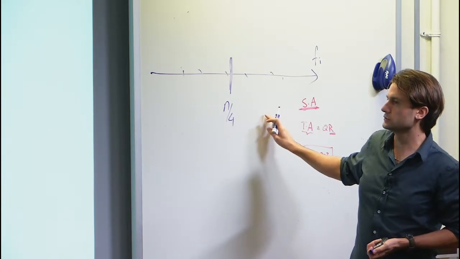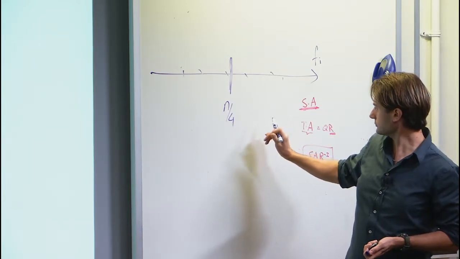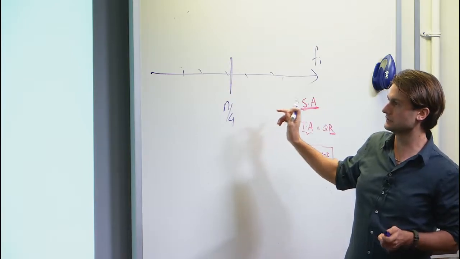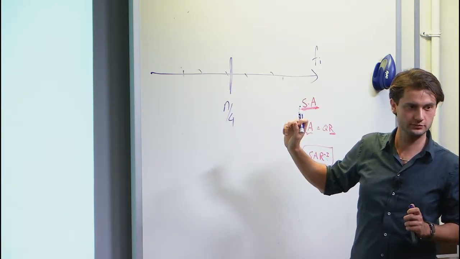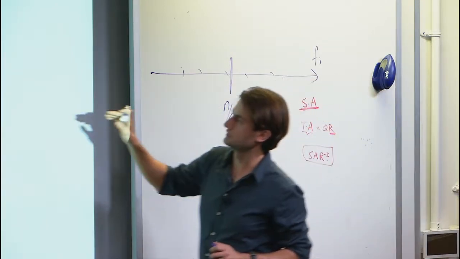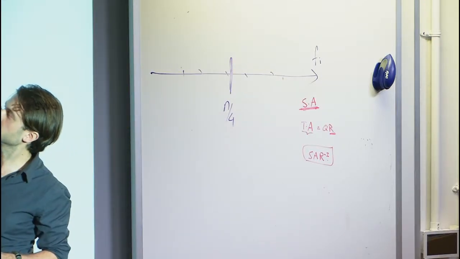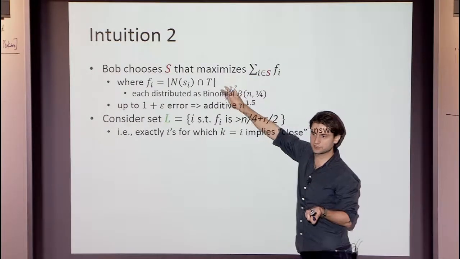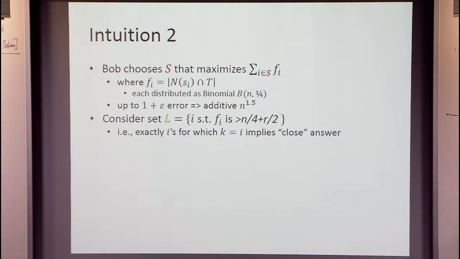What we want to say is that if some i is close, basically in our sense this Fi is larger than the expectation, then it should be on this side, and it should be roughly in the first 50th percentile of Fi's.